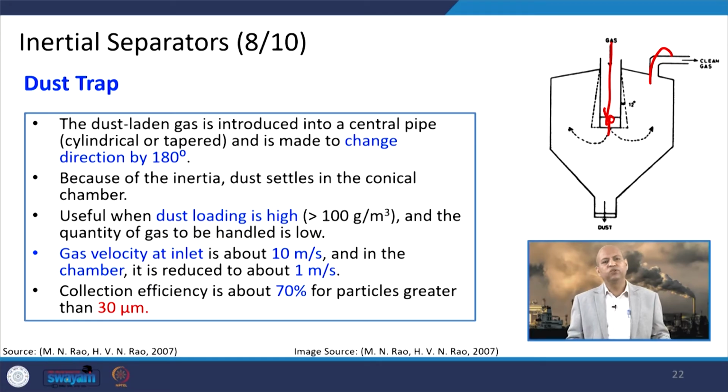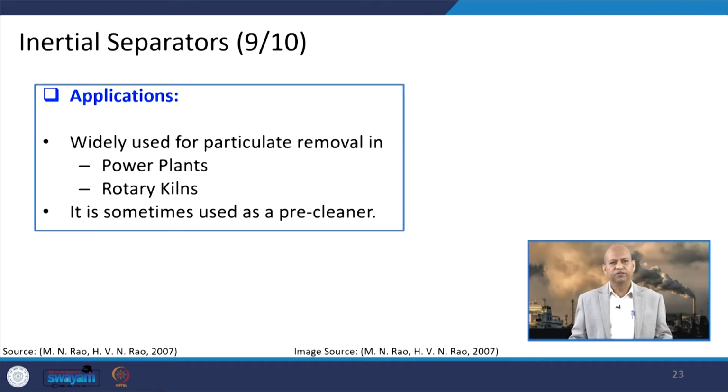It is useful when dust loading is very high, like 100 gram per cubic meter or so, and the gas velocity at the inlet is like 10 meter per second in the chamber, and it is reduced to about 1 meter per second afterwards. Then collection efficiency is about 70% for particles greater than 30 micrometers. So, it is comparable with the earlier ones.